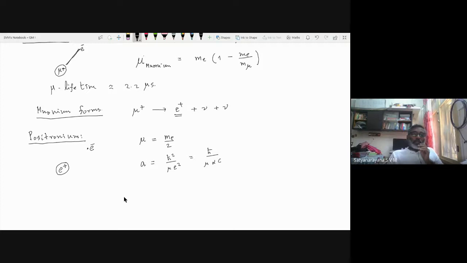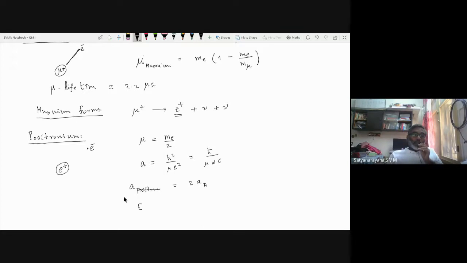Okay, so now you can see mu is m by 2. So a for positronium is equal to 2 times that of the hydrogen atom. So positronium's Bohr radius will be twice that of the hydrogen atom.